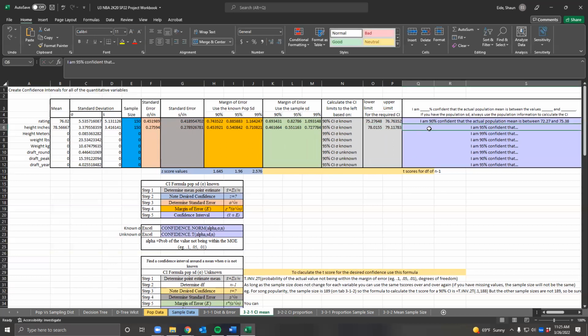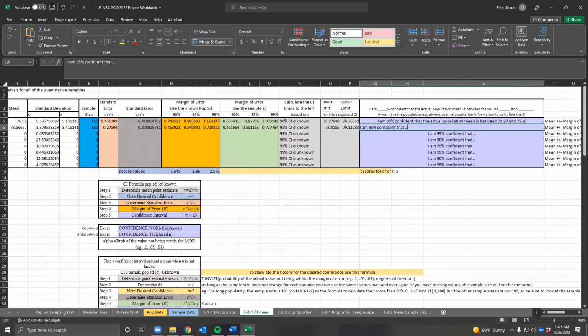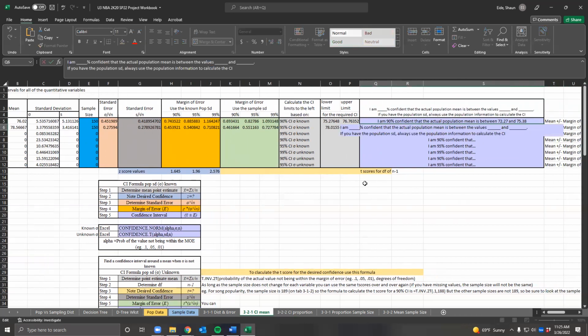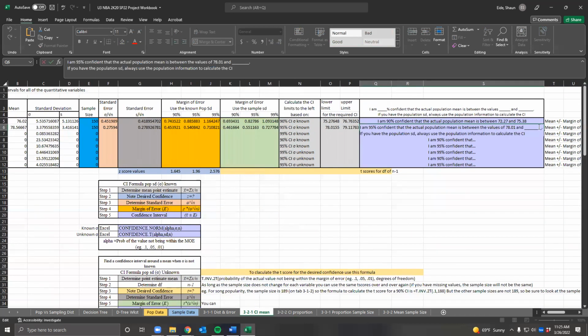And then you come over here and say, I am, and I'm just going to copy and paste this, I am 95% confident that the actual population mean is between the values of 78.01 and 79.12.